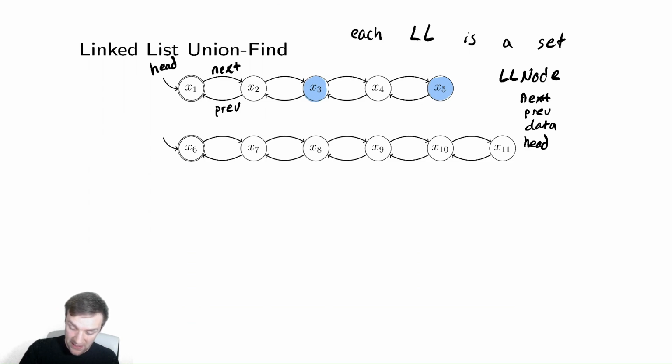And if I instead compared, for example, x4 and x10, x4 has a different representative, which is x1, than x10, which has a representative of x6. So they are in different sets.